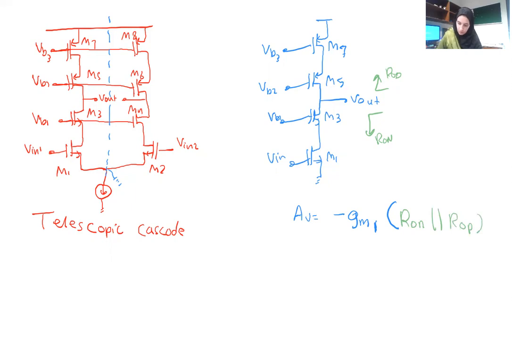Now let's find RON and ROP. So RON, it's a cascode of an NMOS. That will be GM3, Rout3, Rout1, and ROP, it will be GM5, RO5, RO7.